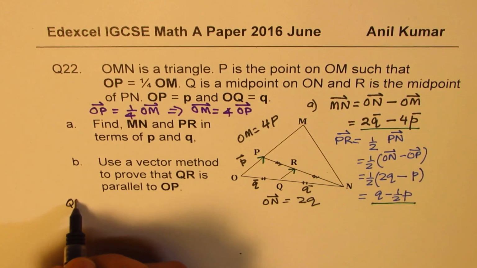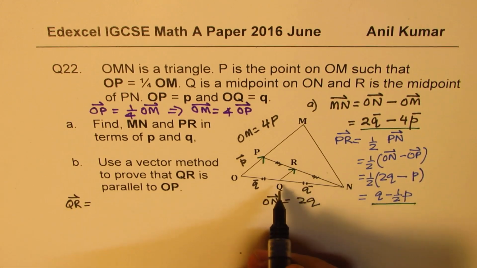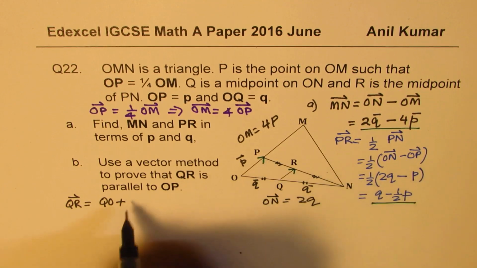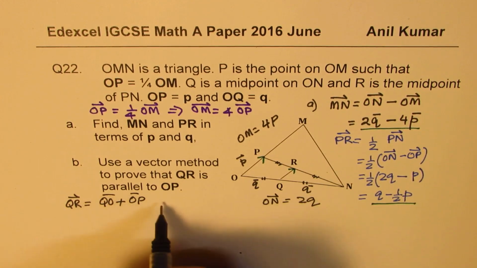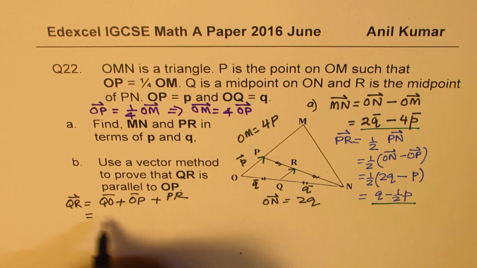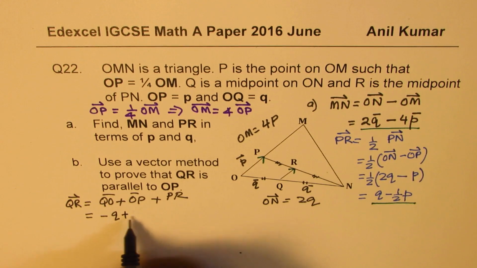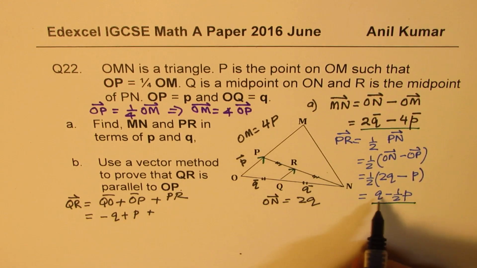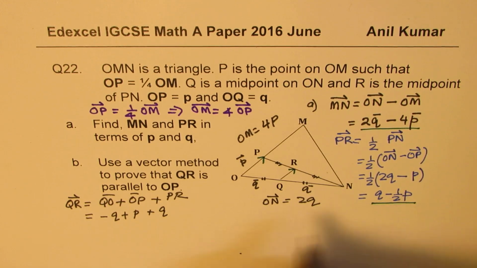We could write QR as equal to QO plus OP plus PR. Is it okay? So Q to O is minus Q, O to P is P, and P to R is what we just found, which is Q minus half P.